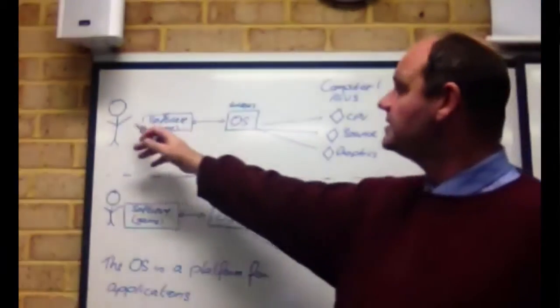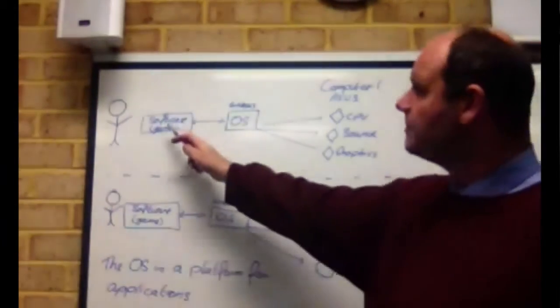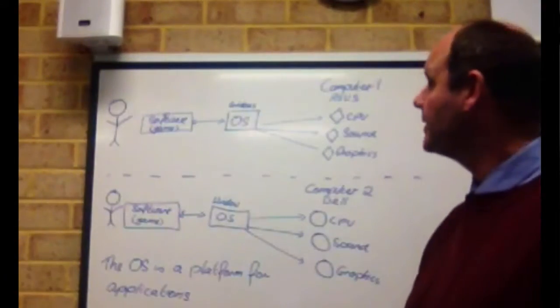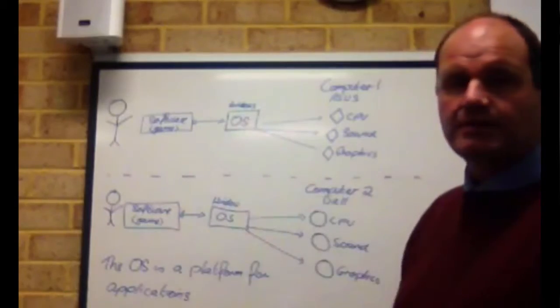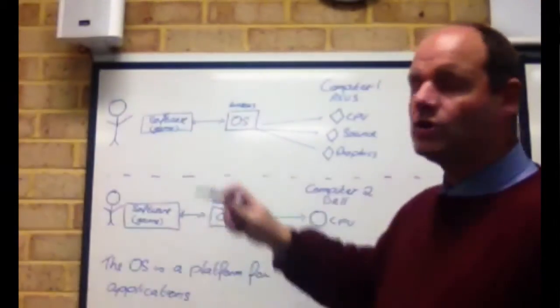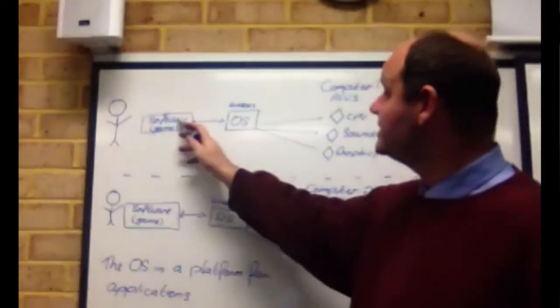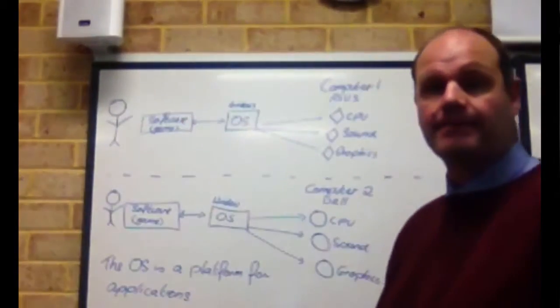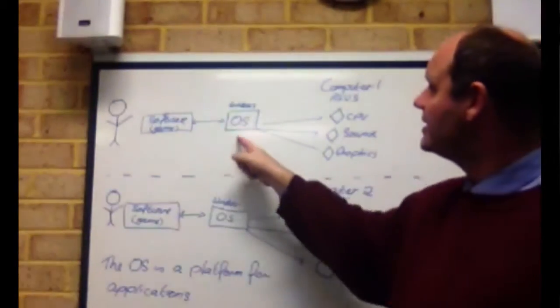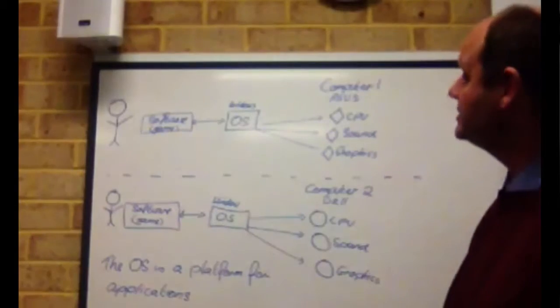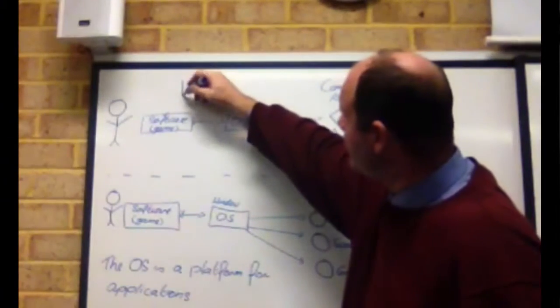What happens is the person up here wants to play his game. The operating system will talk to, in this case, the application software, this game. Where that connection takes place is called an interface.